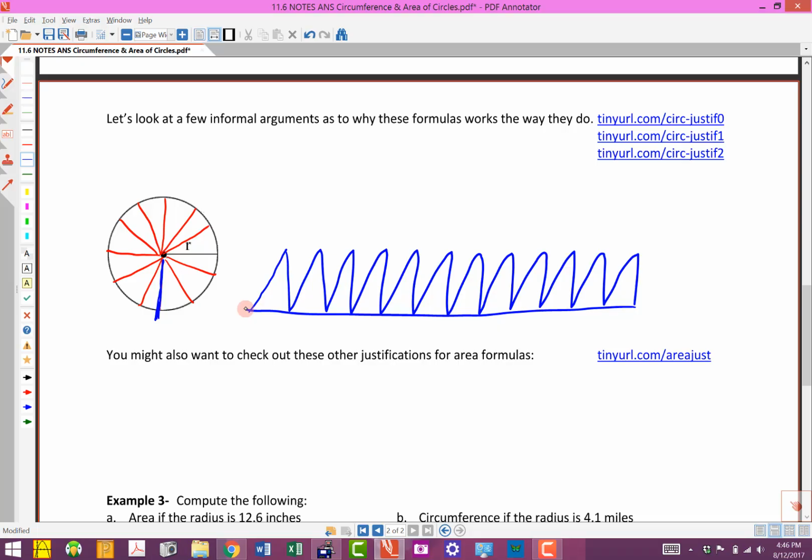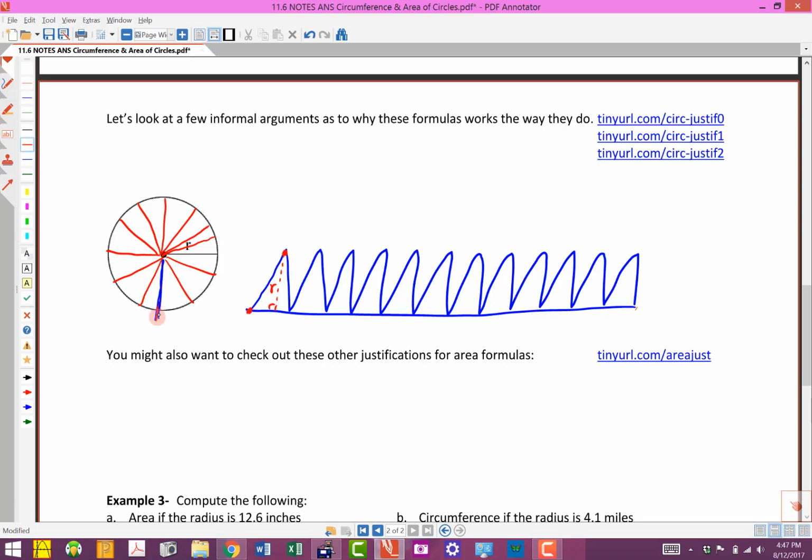Now, what I'd like to know is how far is it from the top of this triangle down to here? Well, it would be any one of these triangles right here. So it's the distance from the orange peel out to the center. So that's going to be the radius, r. Then I've got another question. How far is it from here all the way over to there?